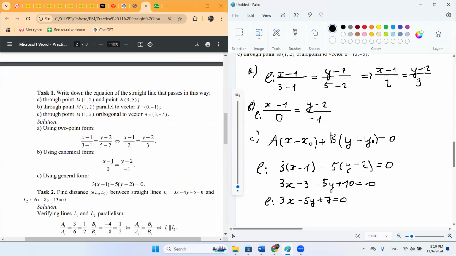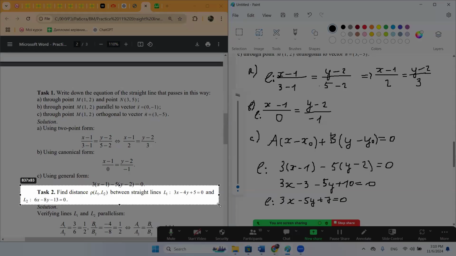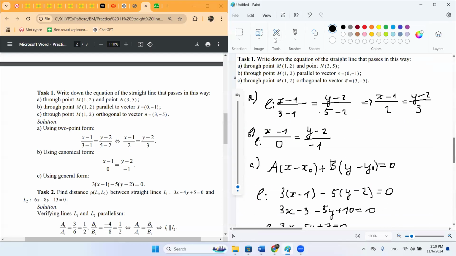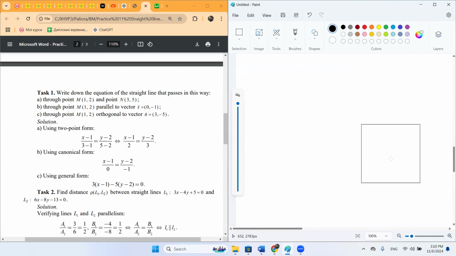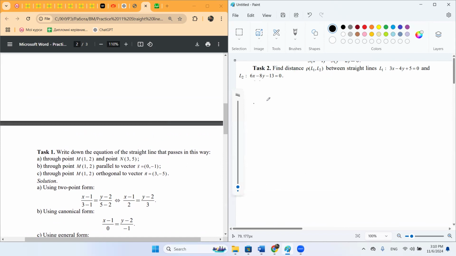So we need to find the distance between two straight lines. Of course, we can find the distance only between parallel lines. On the plane, two lines are either parallel or they intersect. First of all, we need to verify that L1 and L2 are parallel.